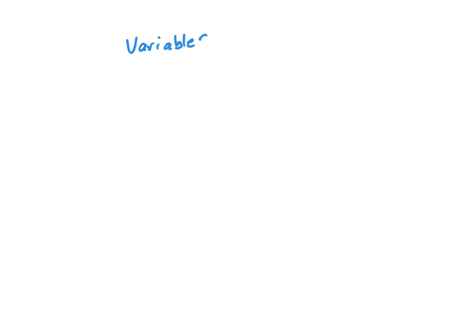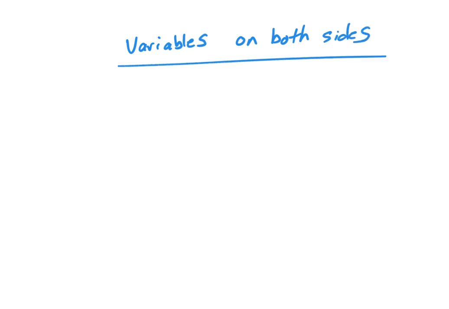We could also see ones with variables on both sides. And on some of these, there's more than one way to approach it. If I see one like this, once again, we're trying to get our x's together.